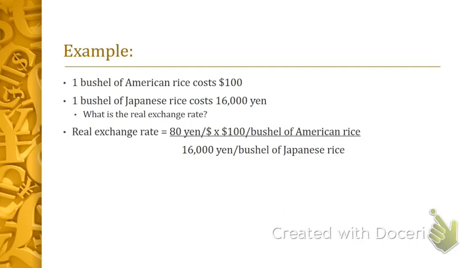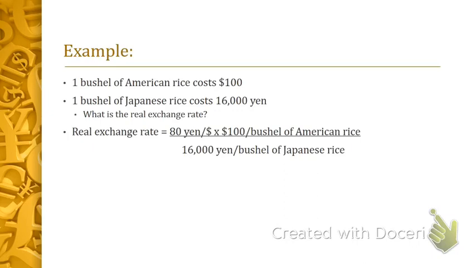I probably should have given you the exchange rate. I think it was on the very first slide. I probably should add that. We started out with 80 yen per dollar, so that was the exchange rate.